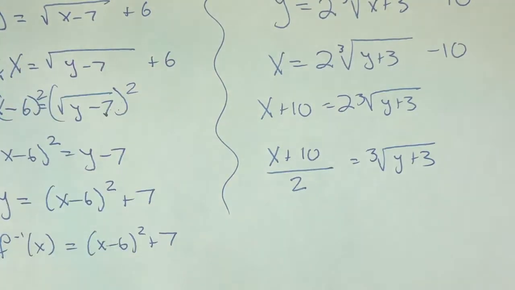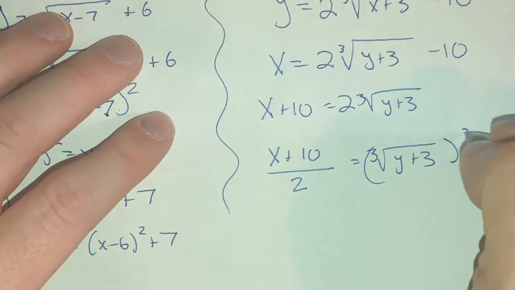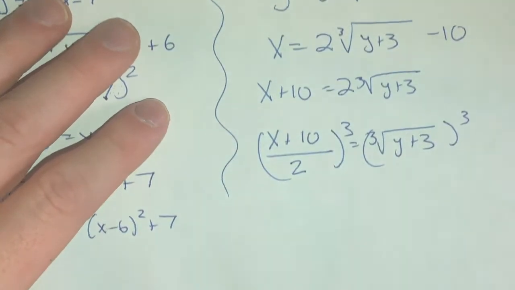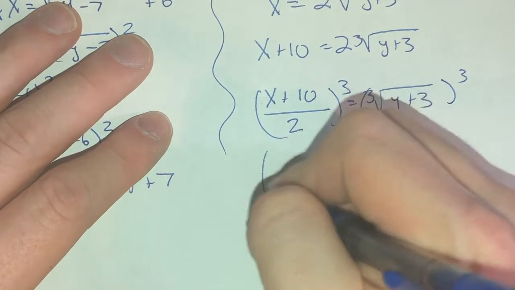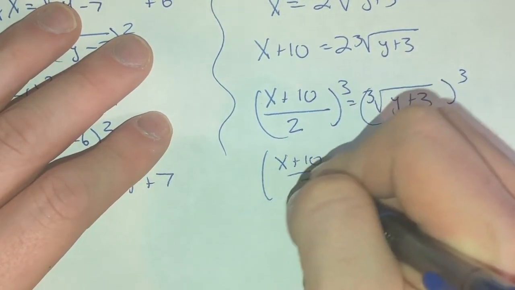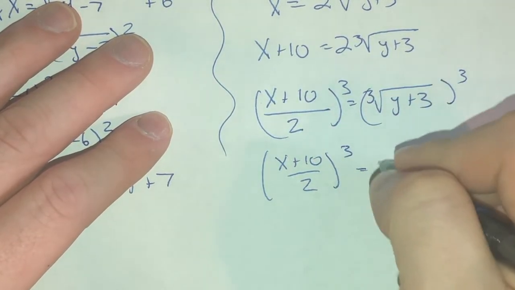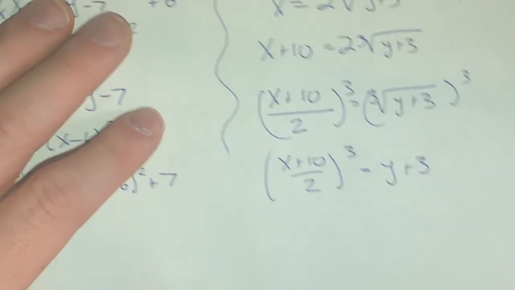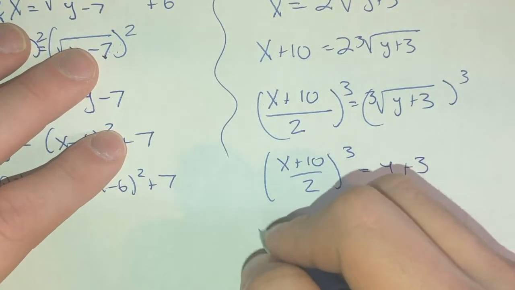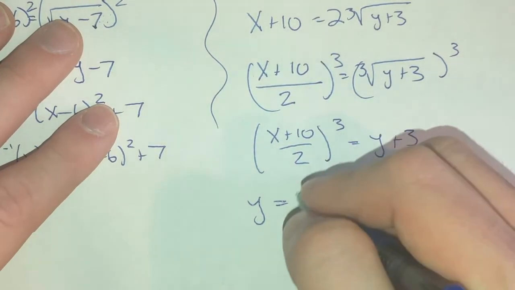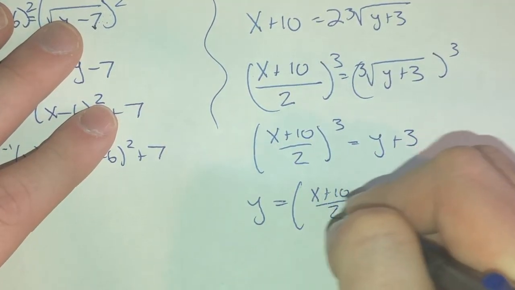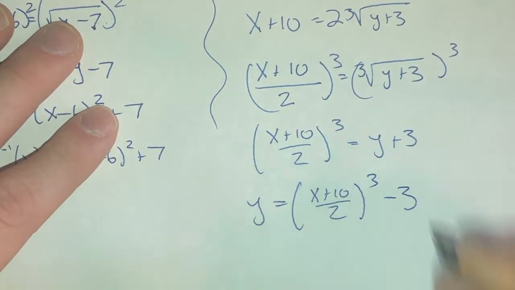And now how do I get rid of a cube root? I cube both sides. So I get x plus 10 over 2 cubed equals y plus 3. Okay, I now subtract the 3, and I get y equals x plus 10 over 2 cubed minus 3.